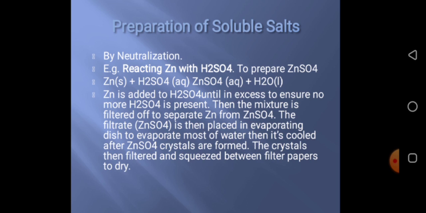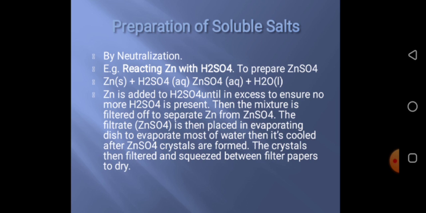The filtrate is then placed in an evaporating dish to evaporate most of the water. Then it is cooled until zinc sulfate crystals are formed. Then the crystals are filtered and squeezed between filter paper to dry.